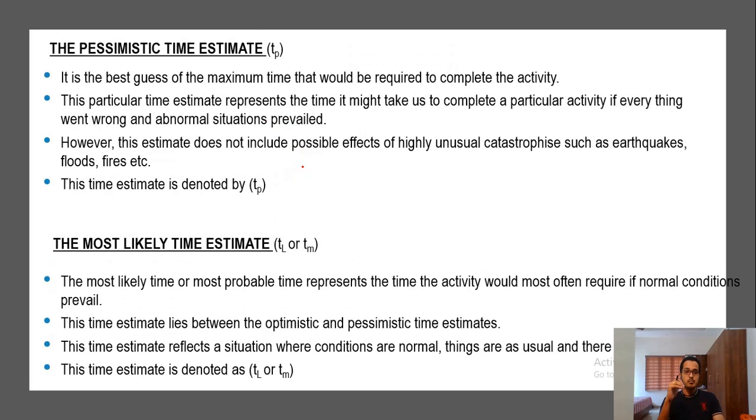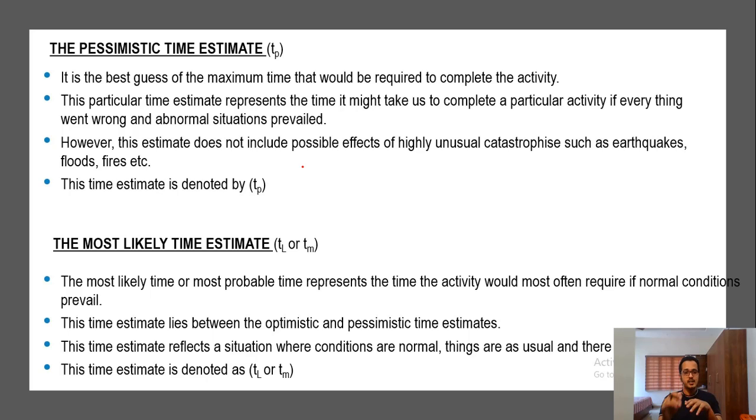Coming to the pessimistic time estimate, from the term itself we get an idea of the real meaning. It generally means that if the conditions are not at all favorable for an activity to complete, then the time the activity would take to complete is called the pessimistic time estimate.